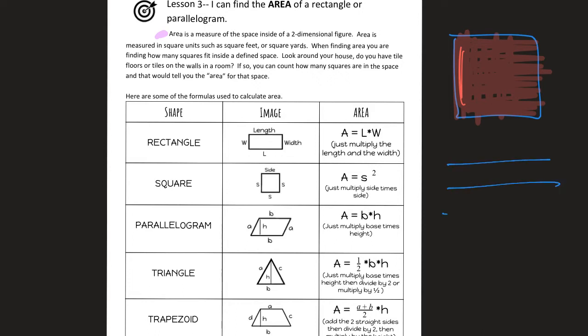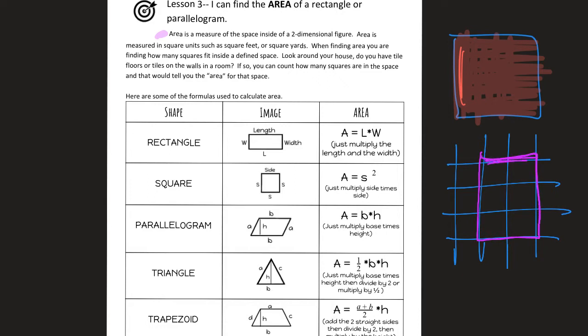So what that means is, let's think of a kitchen. If in my kitchen I have a rug that is this purple shape, the area of that rug is how many squares fit inside.